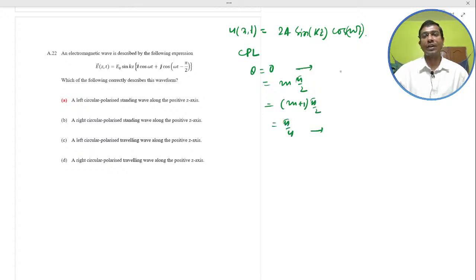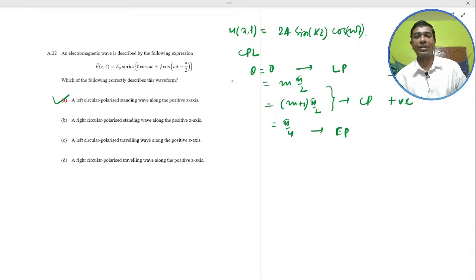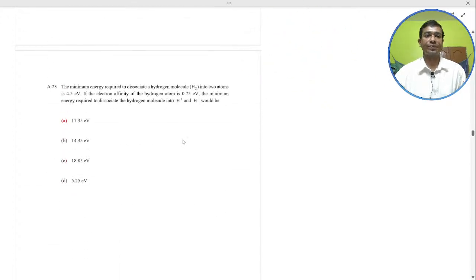This is linearly polarized, LP. This is elliptically polarized. These are the circularly polarized, left-handed and right-handed. This is the condition. So by this phase, the left circularly polarized standing wave is along the positive z direction. Okay. Next, question number 23.